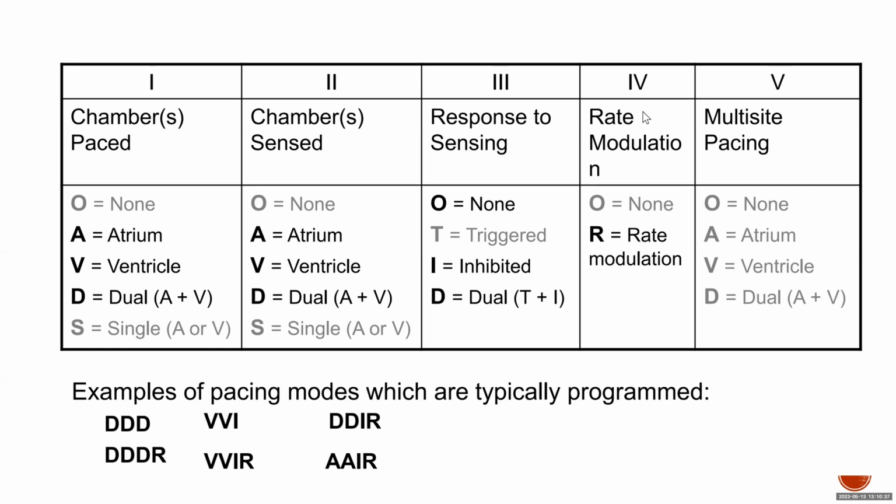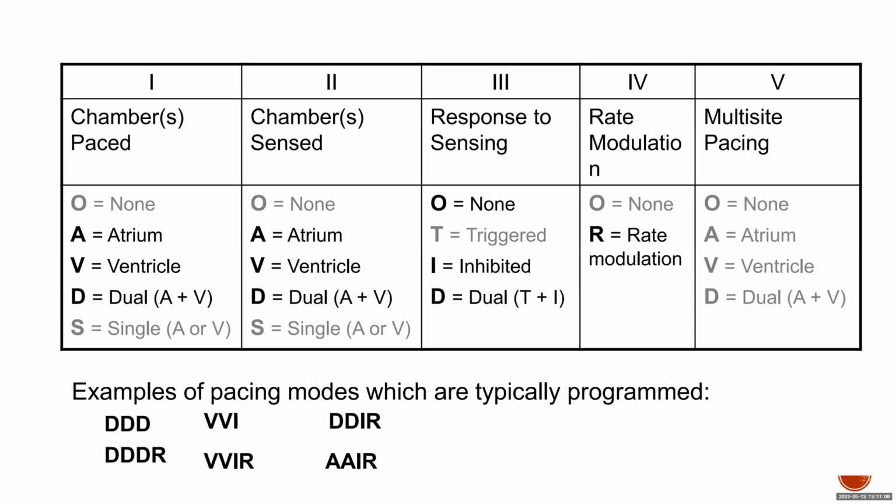The fourth letter refers to the rate modulation, which means rate response. Our sinus node, when we exercise, the heart rate goes up. When you sleep, it goes down. So it goes up and down depending on the need. We can program the device to pace at a fixed rate. So we ask the device to pace, let's say, at 50. So if we exercise or sleep or run, it will just keep pacing at 50.